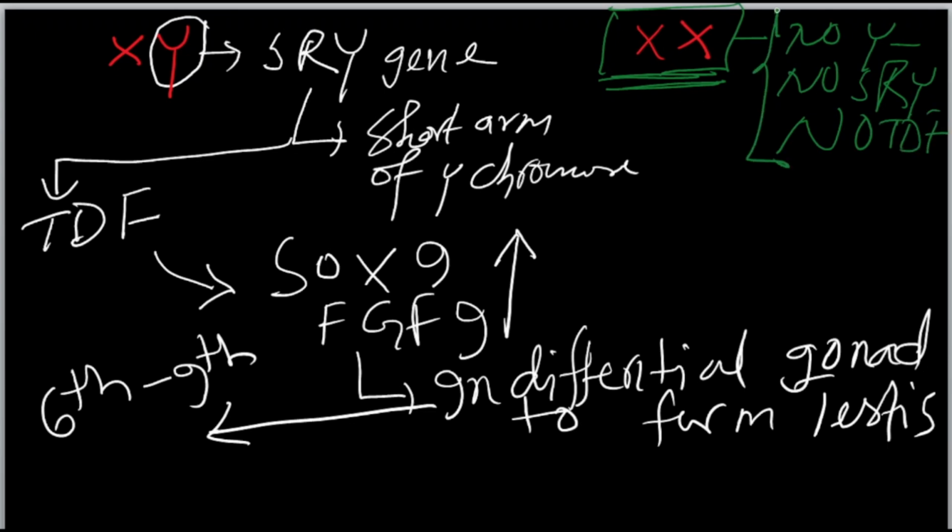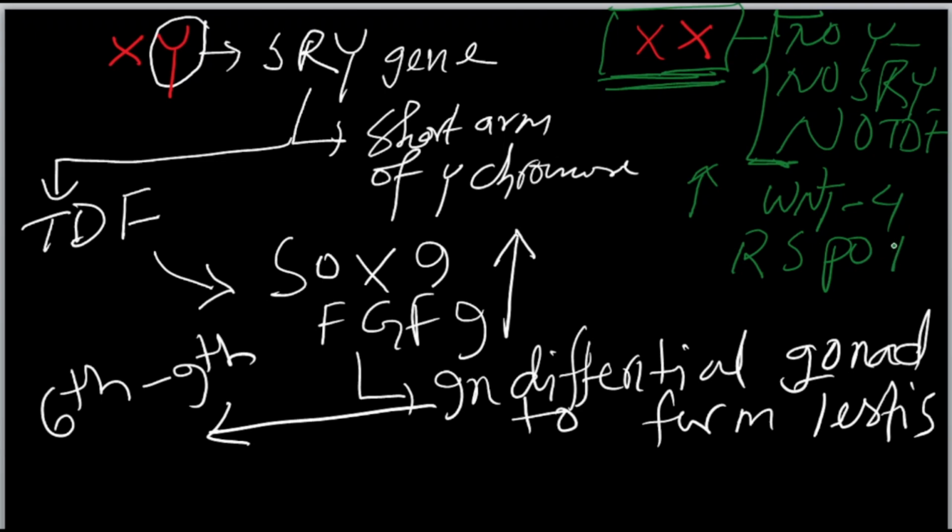This is important for development of female internal and external genitalia. There is upregulation of two genes, WNT4 and RSPO1. These two genes are upregulated and convert the indifferent gonad into ovary, and the other genitalia are formed.